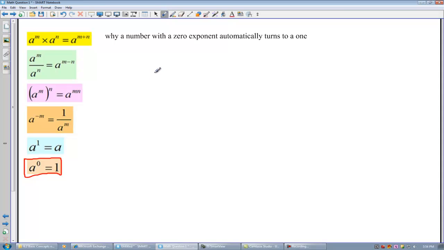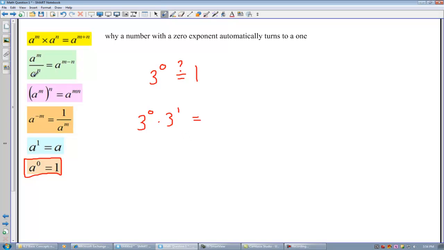Let's take a number. Let's take 3, and raise it to the 0. And we want to show that this has to be equal to 1. Let me just say, if you take 3 raised to the 0 and we multiply it by 3 to the 1, what do we get back?